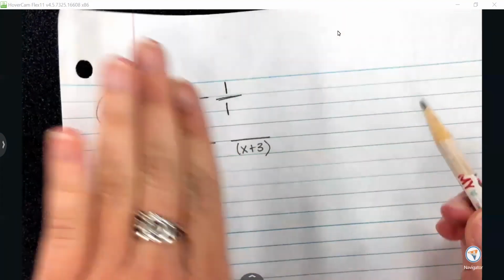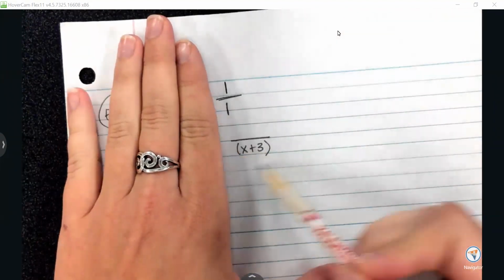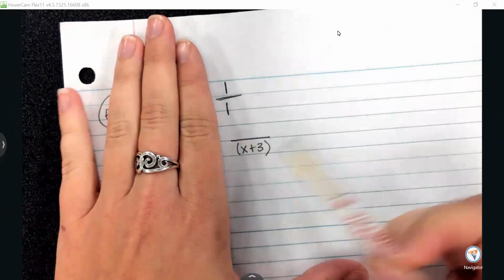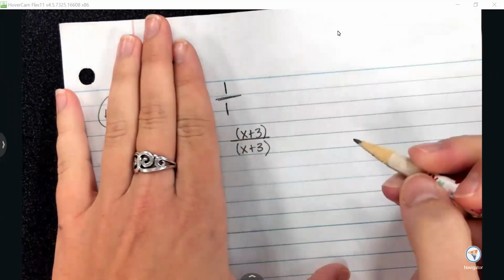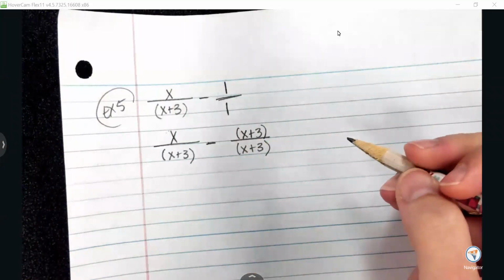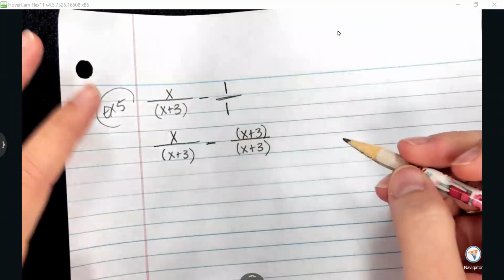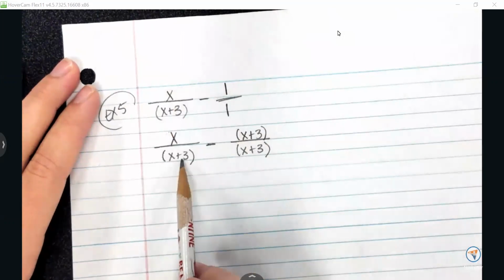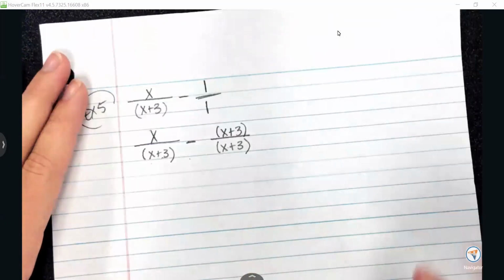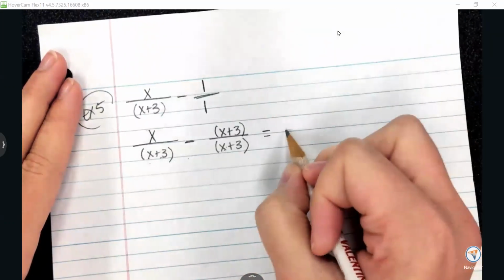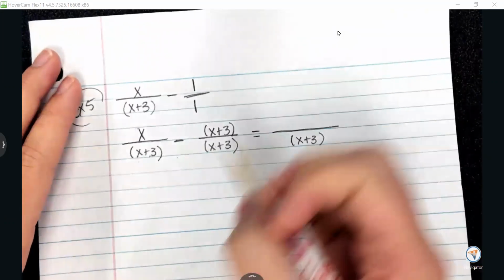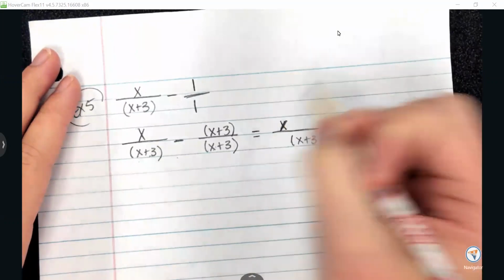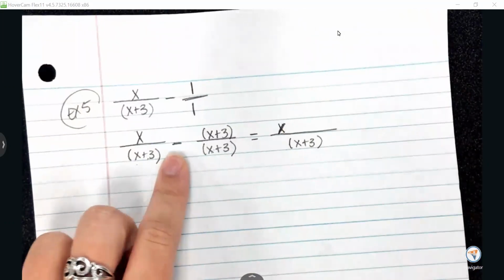My right side, what's new in my denominator? Then I have to have that in the numerator. Whatever's new in the denominator has to move to the numerator, okay? So now, are my denominators the same? Yes, so you can make one big fraction because you have a common denominator. Be careful what happens with that negative sign.